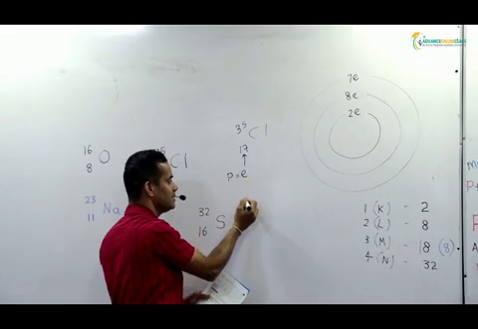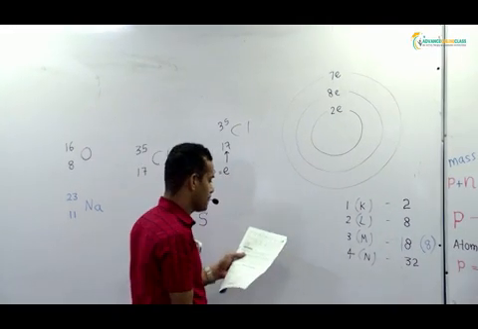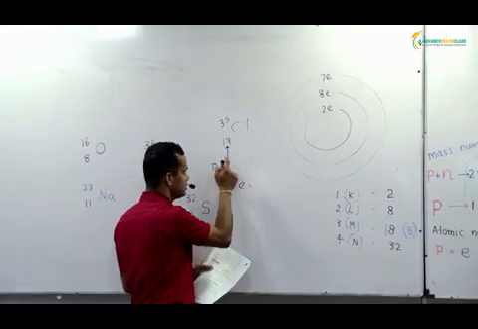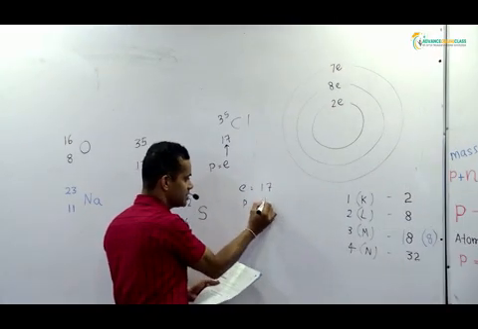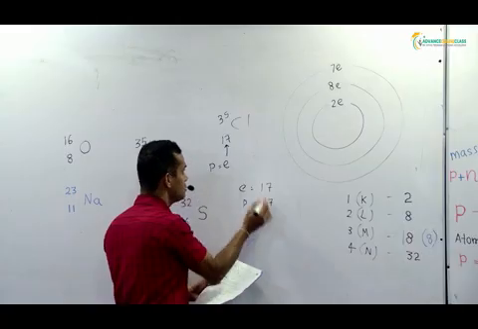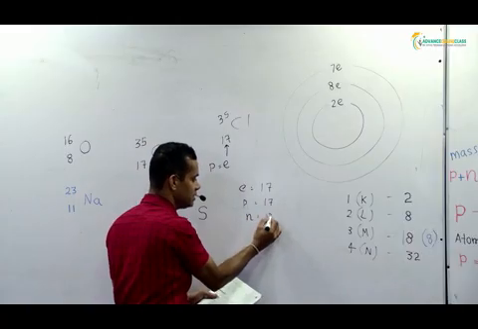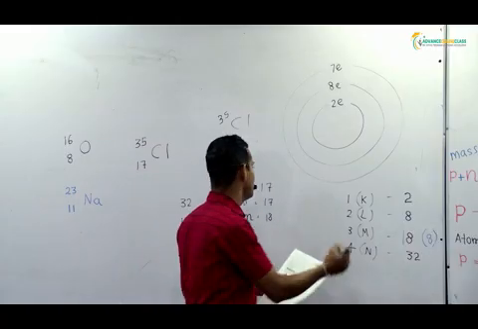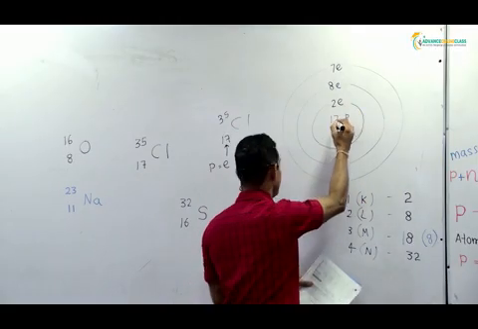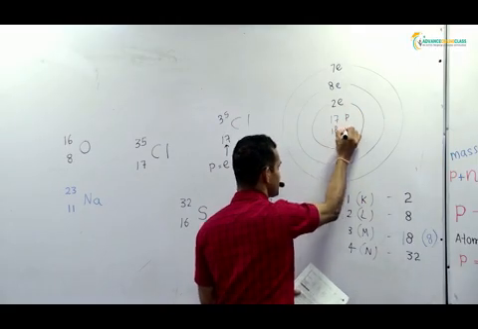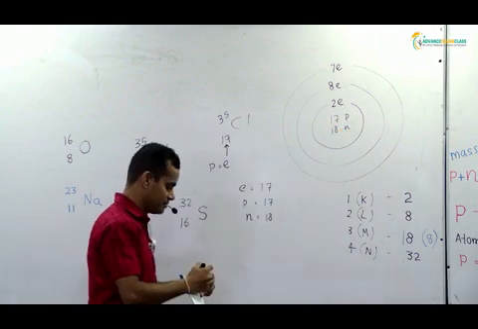You know that, right? So, electrons equals 17, protons equals 17, neutrons equals 35 minus 17, 18. Inside the atom also you should write 17 protons and 18 neutrons. Now complete.